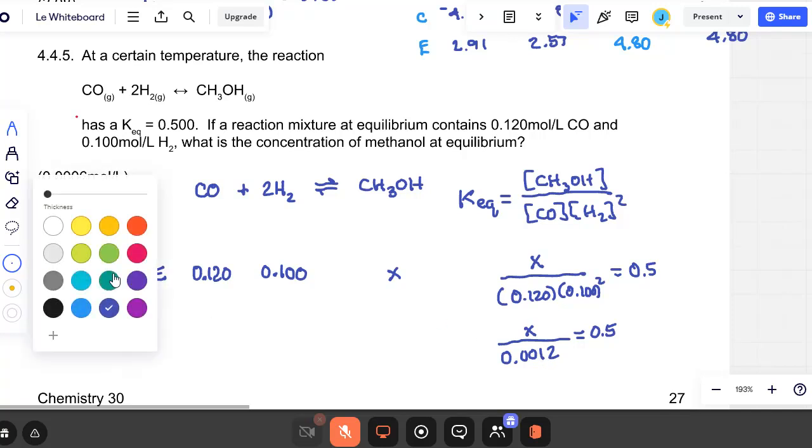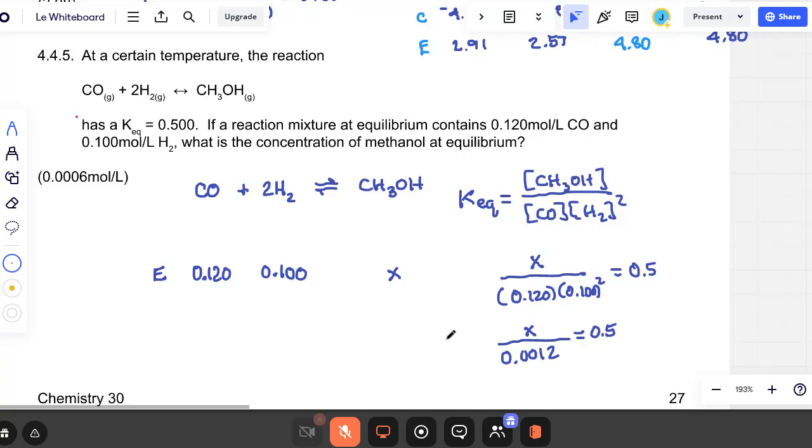The way you get rid of that is you multiply both sides by 0.0012 because these will cancel. That'll leave x by itself, which is what we want. And 0.5 times 0.0012 gives x is 0.0006. That's a concentration, not a K, so it does have units. It's in moles per liter.